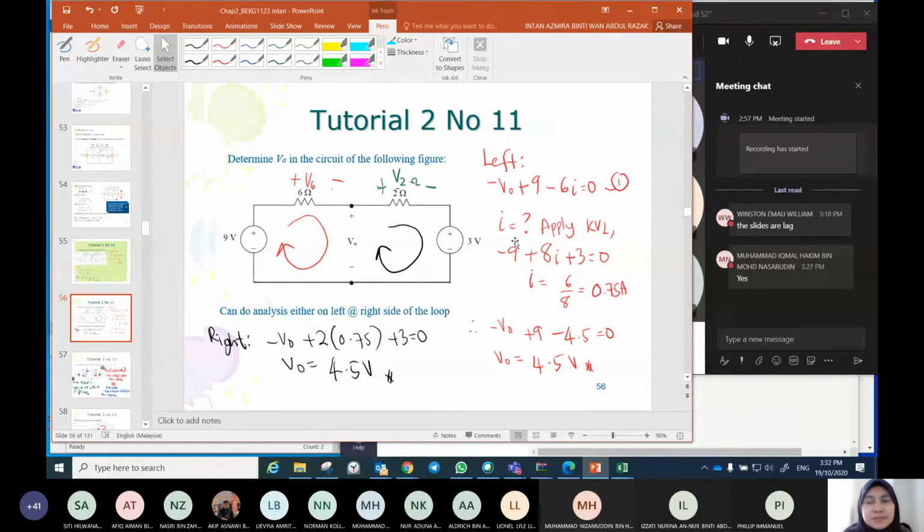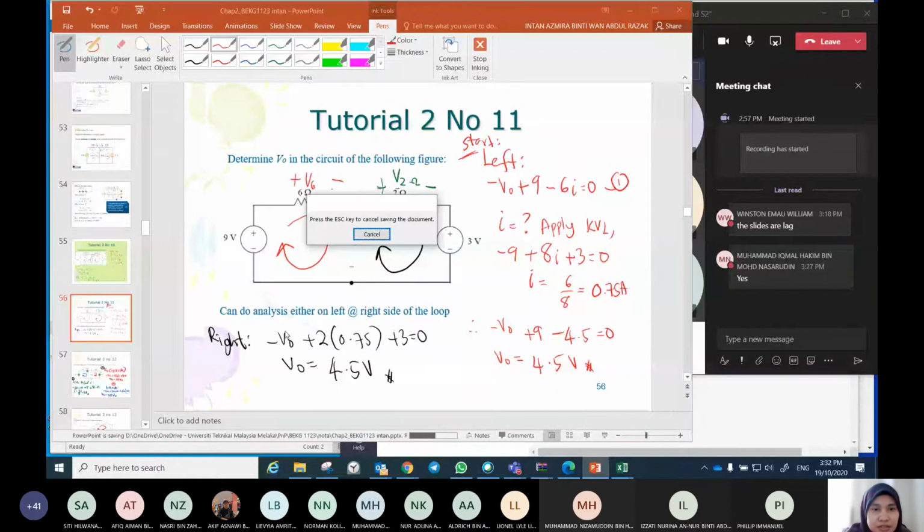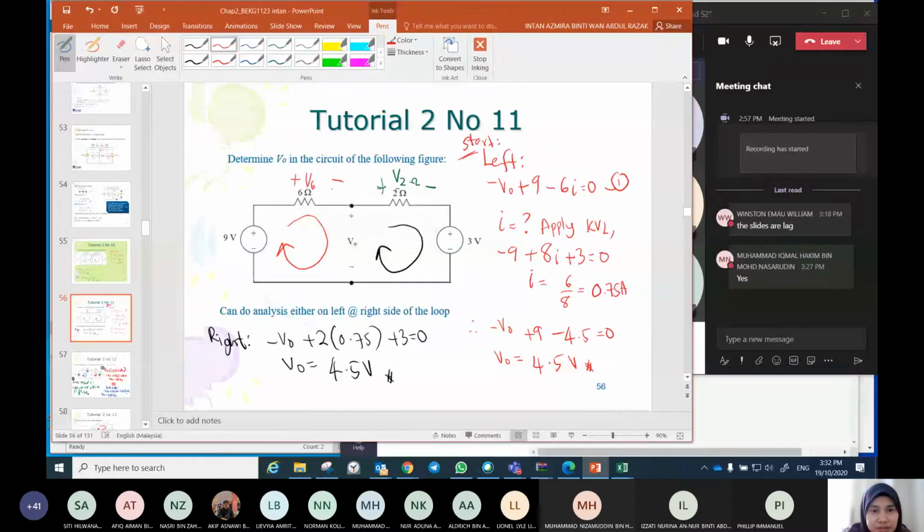So we start here. If you want to analyze the right side, you have to find the current first.